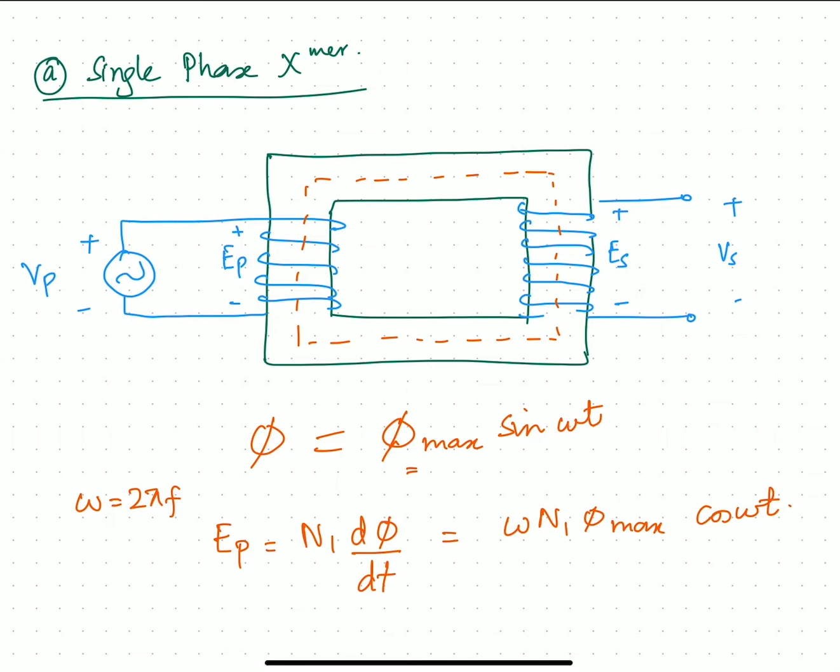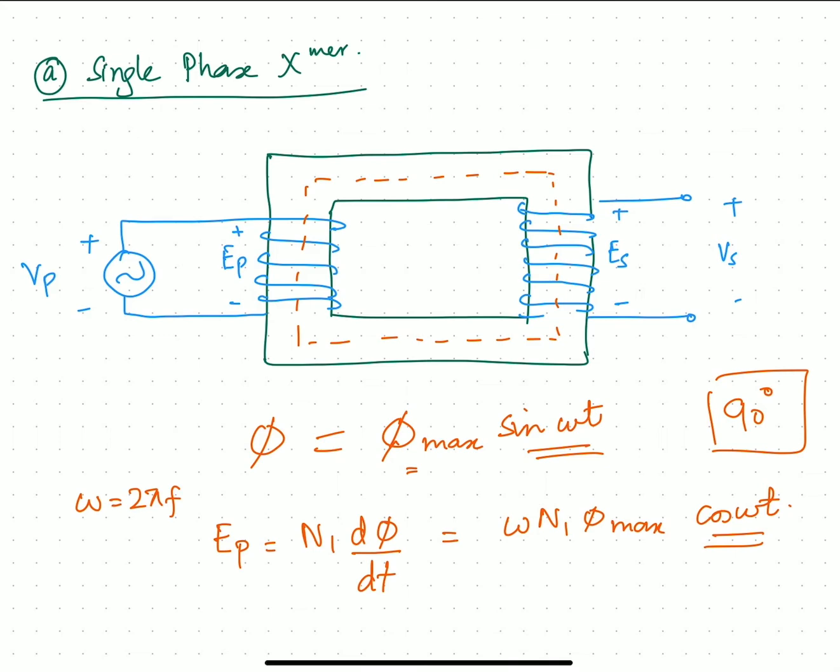This is the EMF induced in the primary. So you can see that the EMF leads the flux by an angle of 90, right? Cos omega t leads sin omega t by 90.